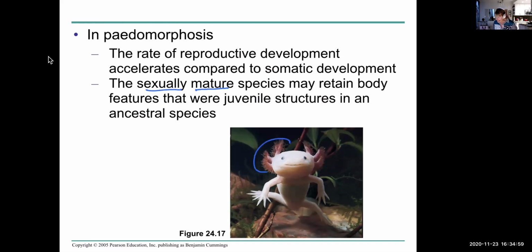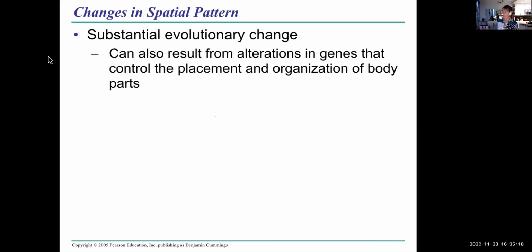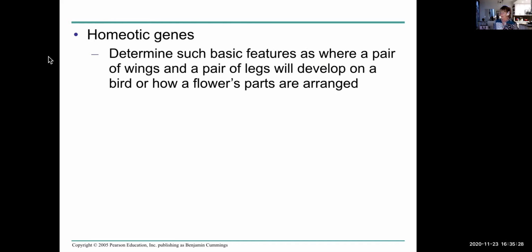So instead of losing the gills and becoming a terrestrial salamander, this one retained its gills. And that's quite common.